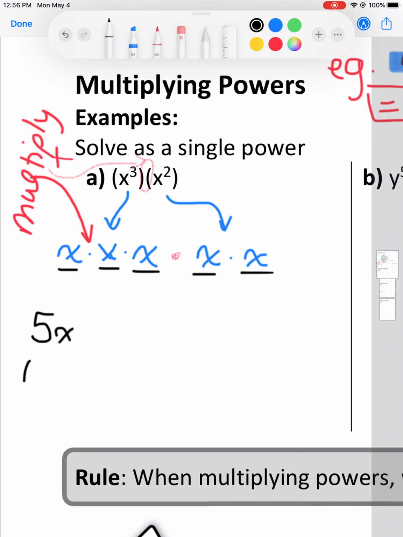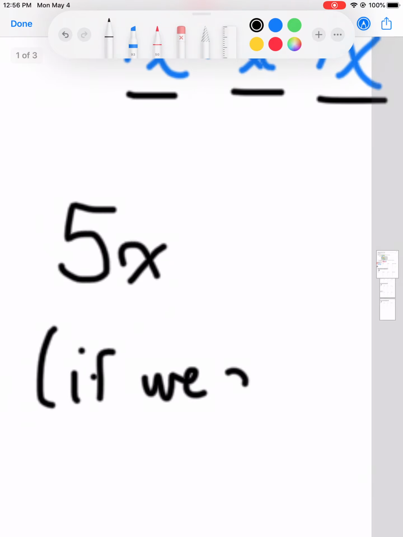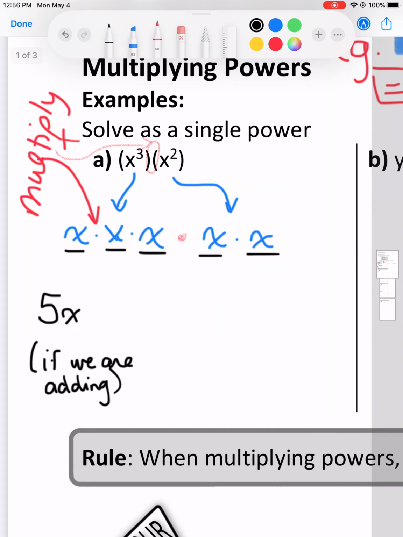That would be if we're adding. The actual answer is x to the power of 5. 1, 2, 3, 4, 5, x to the power of 5, because we are multiplying.